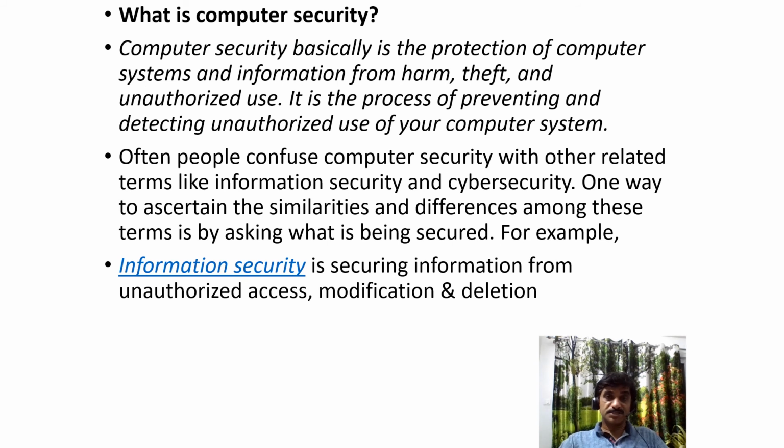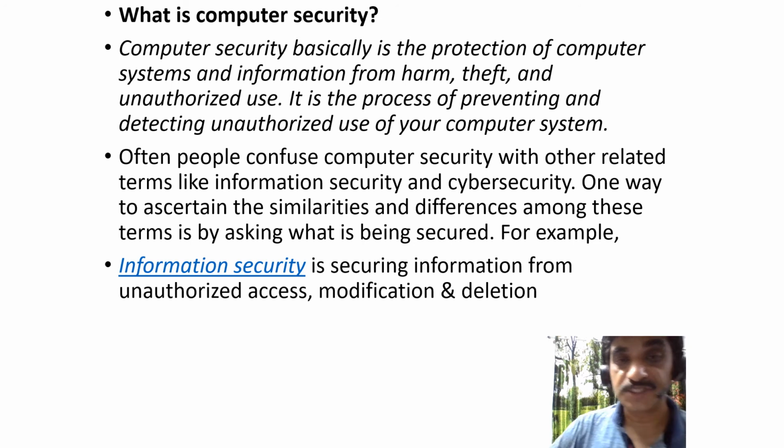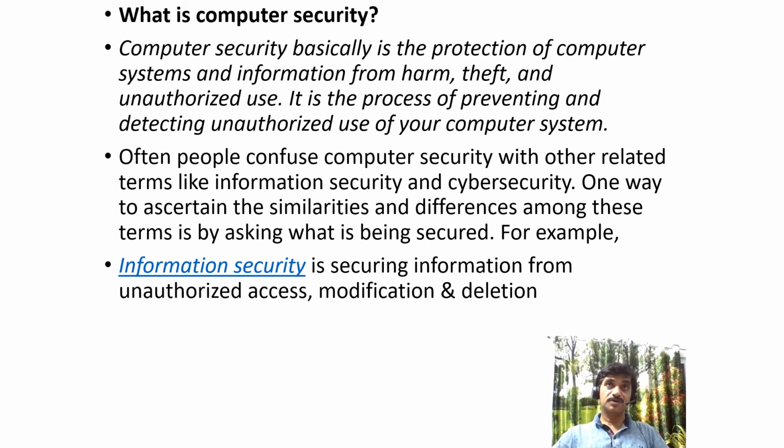So what next, let us discuss computer security. When it comes to security, the data which are saved in our computer, we have to protect it. It might be stolen by others, or it might be used without authorization by others.